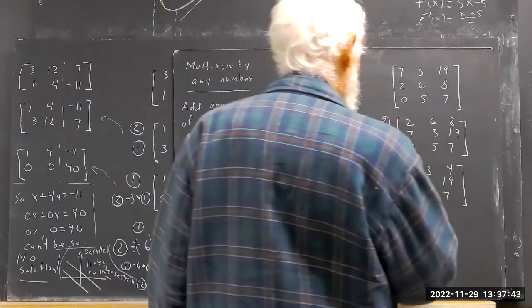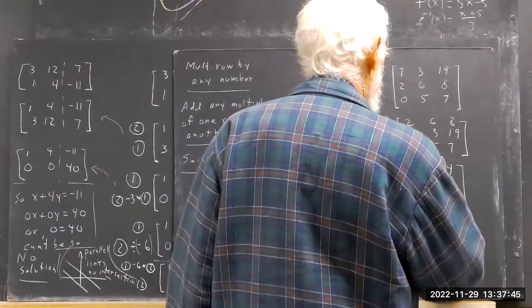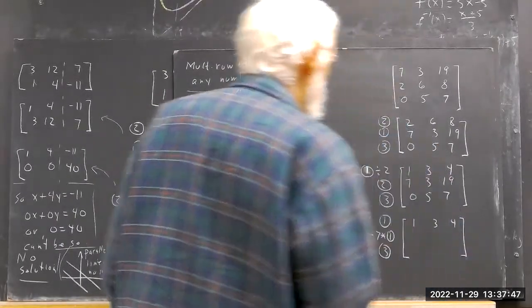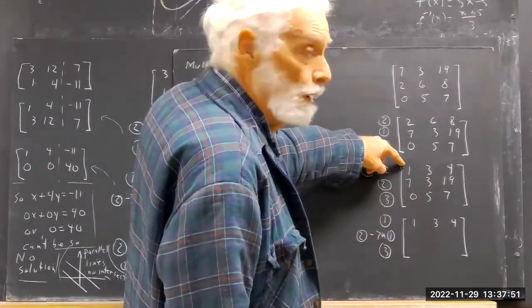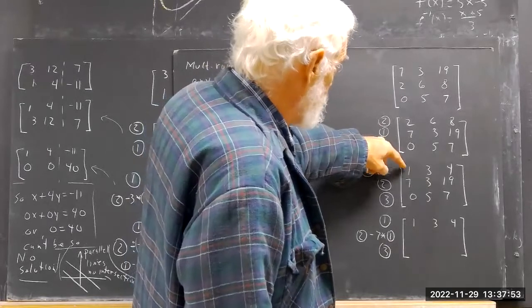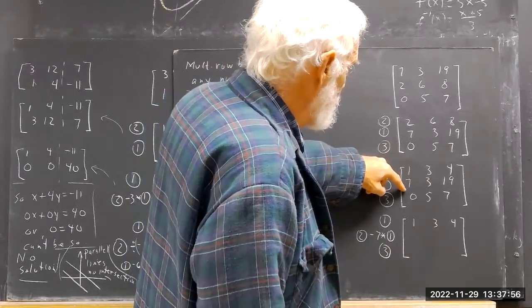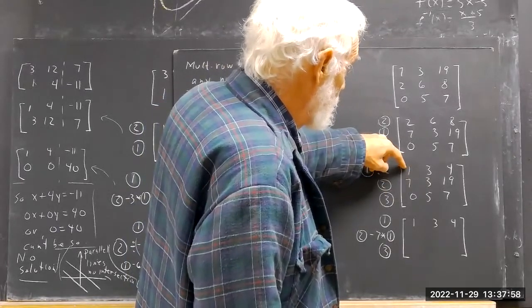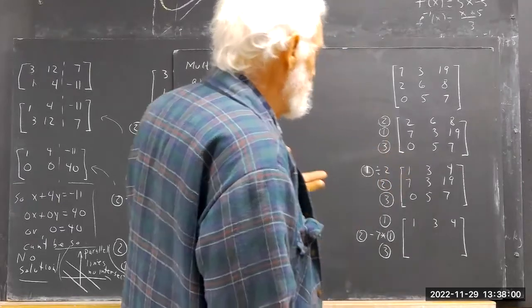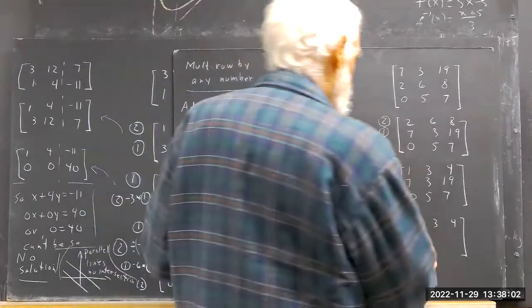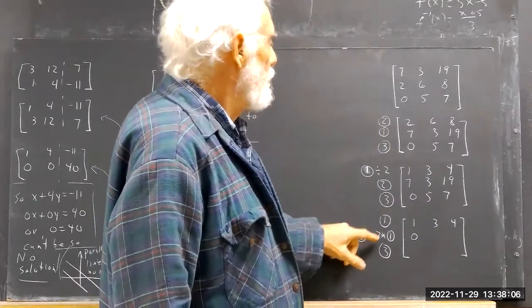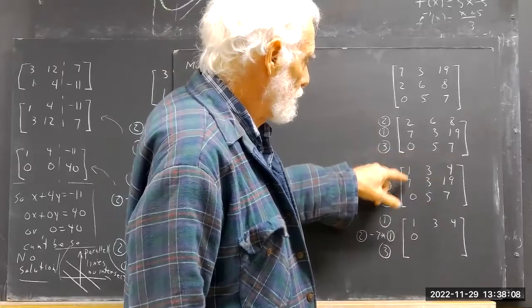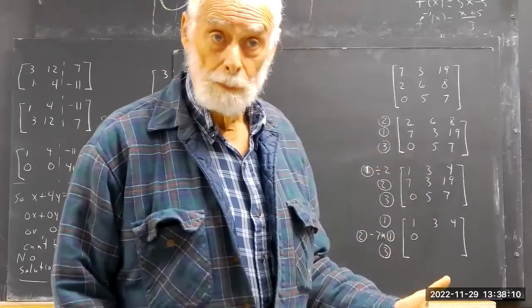Okay, so my row one is still the same as it was. I take my old row two and subtract 7 times row one. So I do 7 minus 7 times this. That's going to give me 0. And then I think of it as, I'm going to multiply every number in row one by minus 7 and add it to the number in the second row.